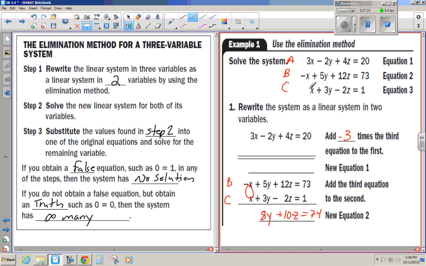The reason I chose the third equation is the negative 1, that's nice, but then you've got 5, 12, and 73. That'll cause some multiplication nightmare. So 1, 3, negative 2, 1, multiplying that should be a piece of cake. So you're going to take the bottom equation and multiply by negative 3. It gives me a negative 3x, a minus 9y, and a plus 6z equals negative 3.